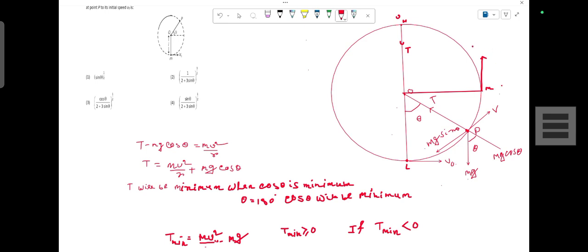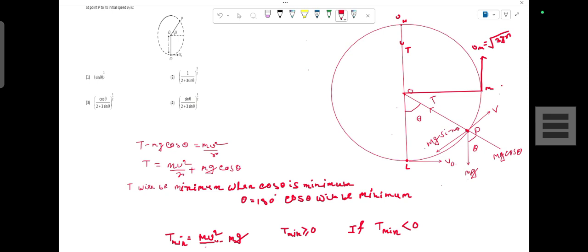That is vM, which comes out as root over 3gr if you apply the conservation of energy. You can easily calculate this expression from here.